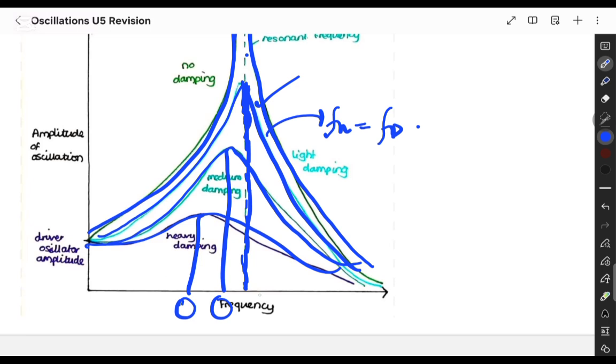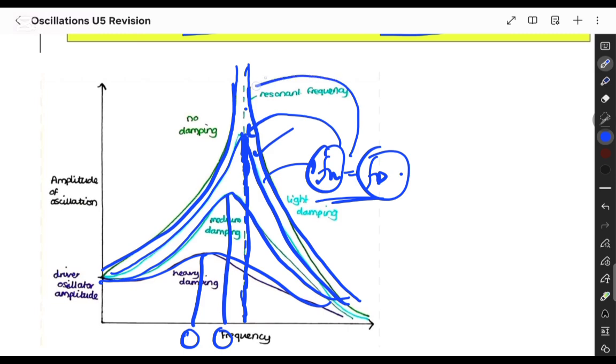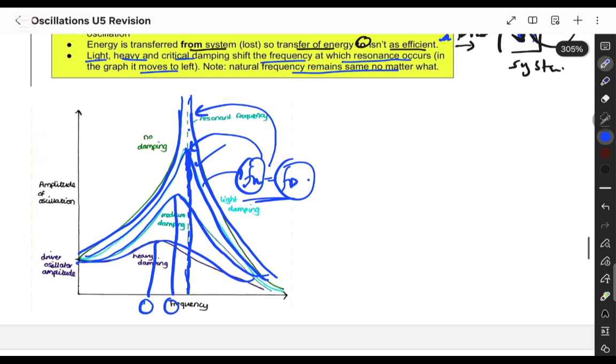The place where it matches the natural frequency is where resonance occurs. So natural frequency equals driving frequency. This applies specifically when you have light damping or no damping. And you can see with no damping, it's going to infinity, really large amplitude.